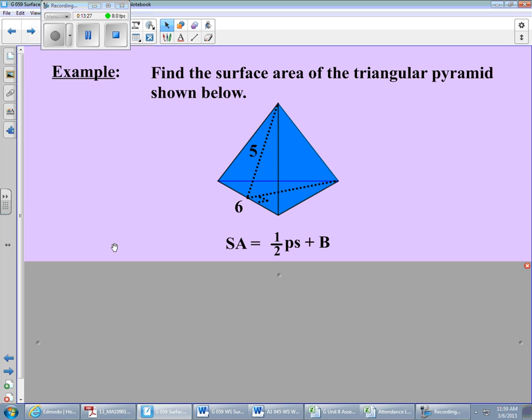But if you run into a situation like that where they don't identify it for you, and you've got triangles all over the place like this, probably a safe assumption that it's sitting on the base this time. So have a look at the base. Can we figure out the perimeter of the base based upon what we've got? Yeah, we can, because we said the bases of our pyramids are going to be regular. So if we've got 6 along one side of our base, it's going to be 6 traveling around the other sides as well. So perimeter's not such a big deal.